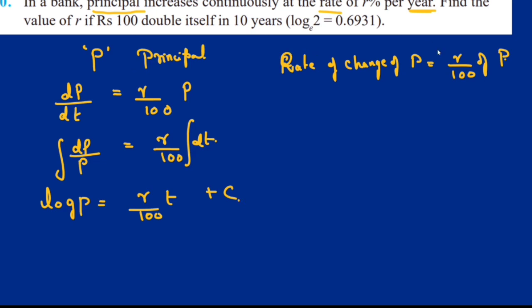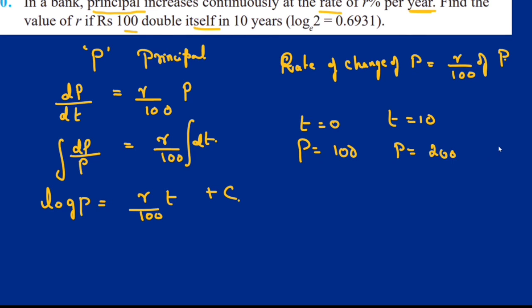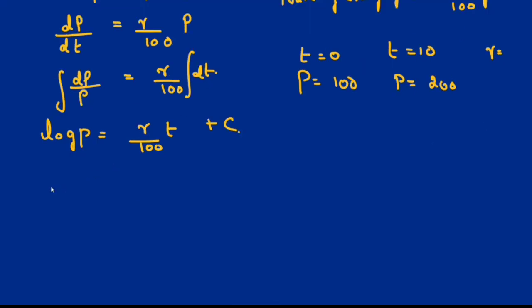What is given here? Find the value of R if rupees 100 double itself in 10 years. So initially, when T is 0, P is 100. Initial amount is 100. Now when T is 10, it becomes double, that is P is 200. The question is, find the value of R. Put T is 0.